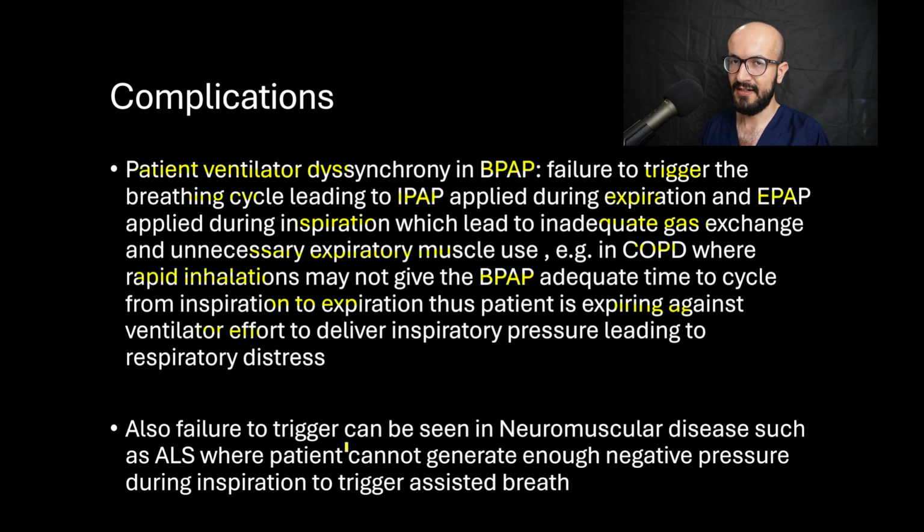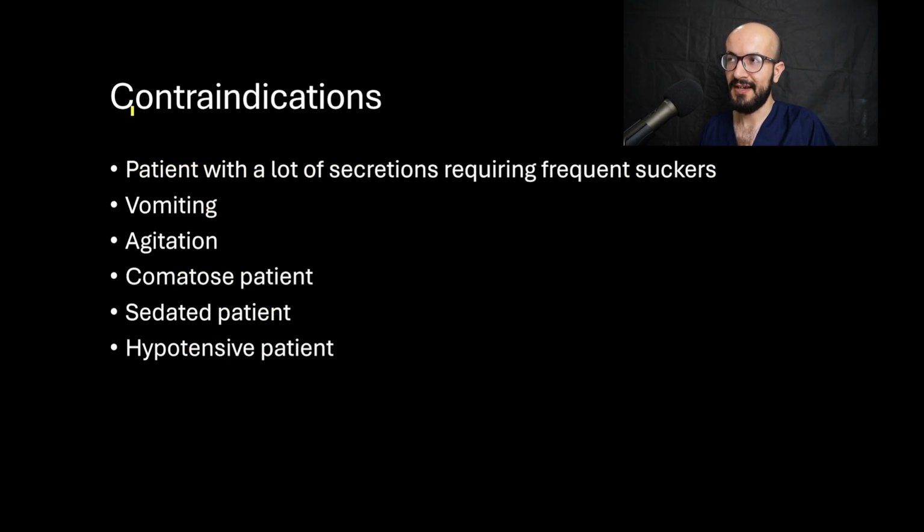Now also failure to trigger the cycle is seen in neuromuscular diseases such as amyotrophic lateral sclerosis, where the patient cannot generate enough negative pressure during inspiration to trigger an assisted breath. Now let's talk about the contraindications. So the NPPV is contraindicated in patients with a lot of secretions requiring frequent suction, and it is also contraindicated in vomiting.